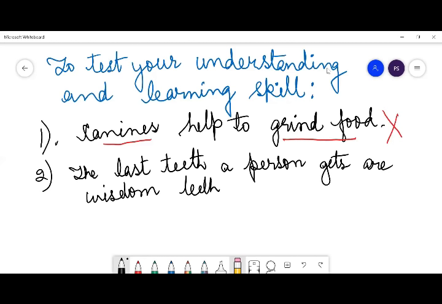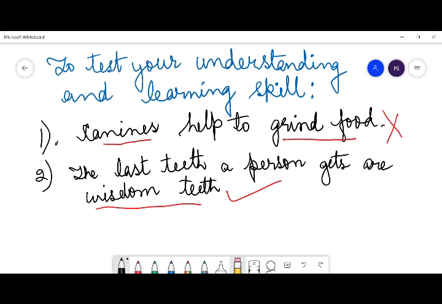Is this statement right or wrong? It says that the last teeth a person gets are wisdom teeth. As you remember, at the age of 17 to 25 years, the teeth which come are the wisdom teeth. So this statement is right.